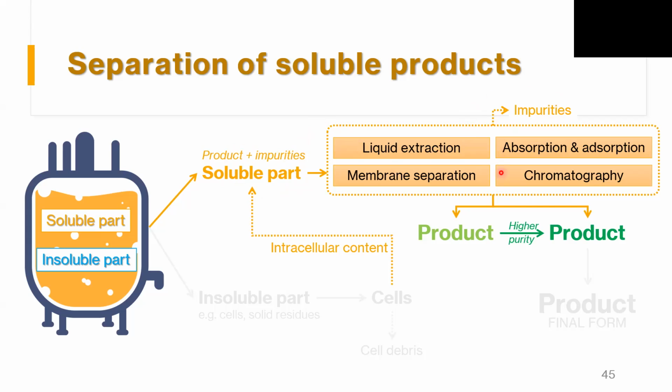We will look at 4 methods of separating the product from the impurities. These are the 4 main processes that are applied, especially in biotechnology and also in other processes, like chemical processes.